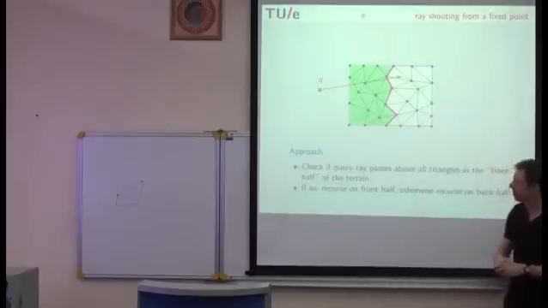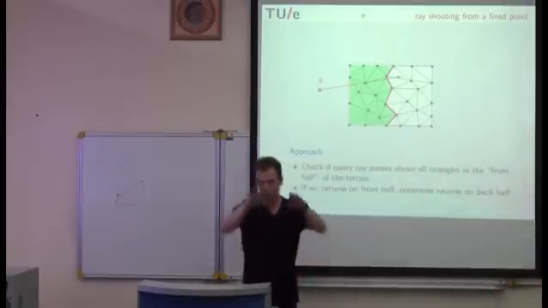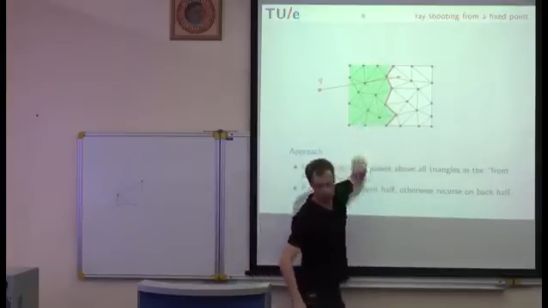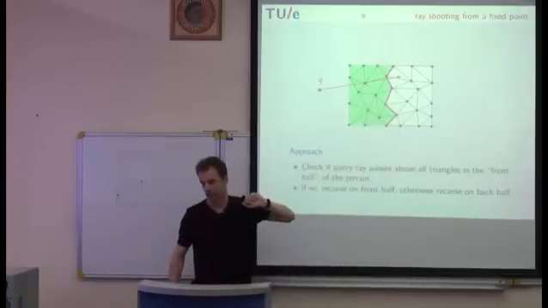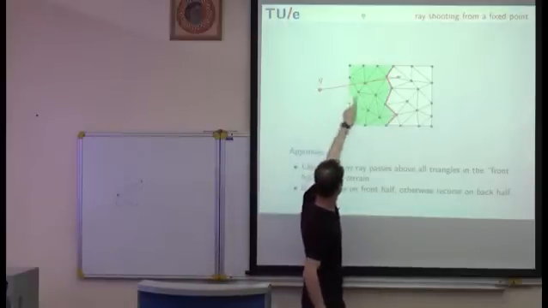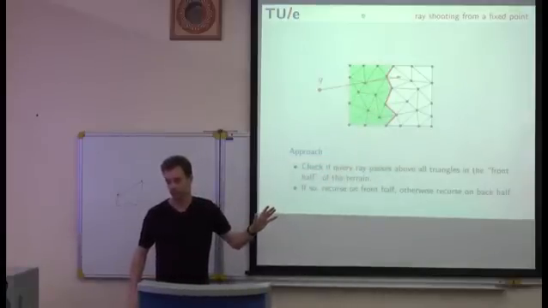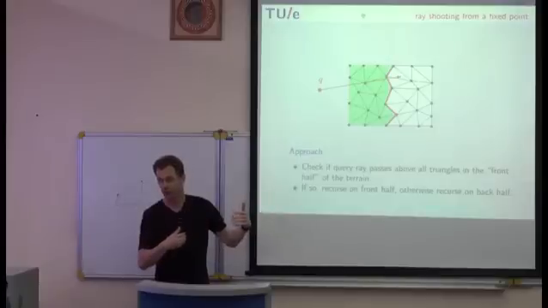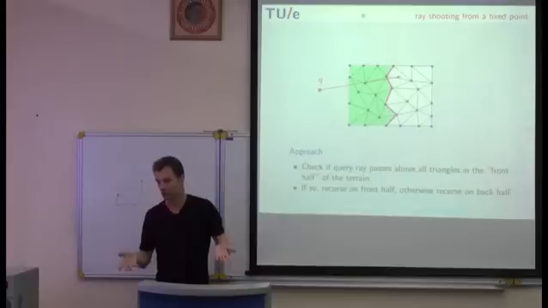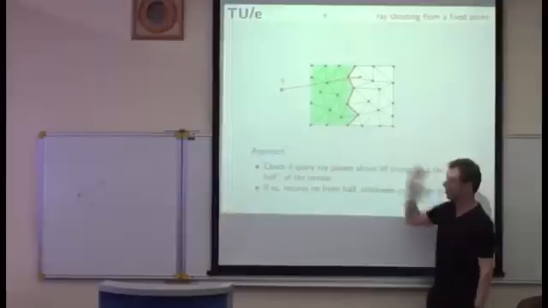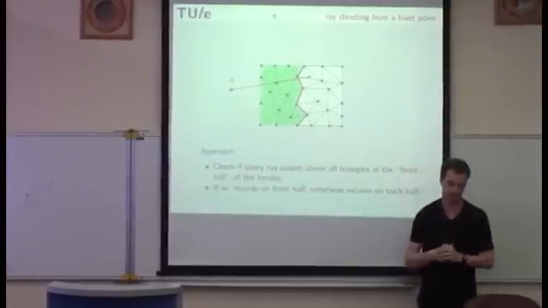Now what I can do is what I did before with this upper rim, but I only do it for the left part of the terrain. So now I can answer the question: does my ray hit any of these green triangles or not? If you hit any of the green triangles, then I still don't know which triangle I hit, but I definitely know that the first thing I hit is not one of the white ones, because the white ones are behind the green ones.